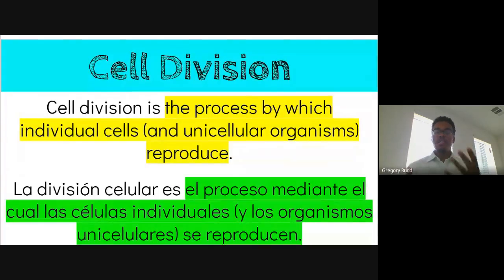So those two terms are essentially interchangeable. Cell reproduction and cell division are basically the same thing. Cell division is the process by which individual cells and unicellular organisms reproduce.